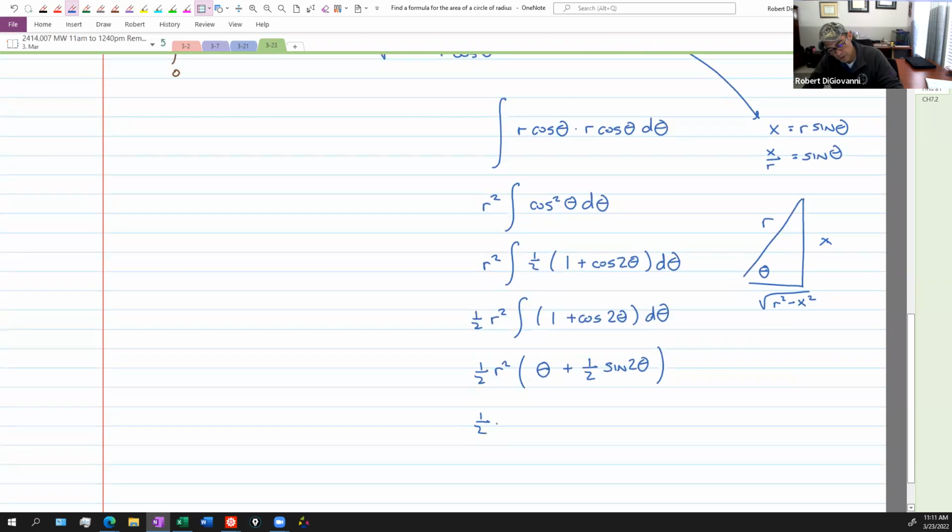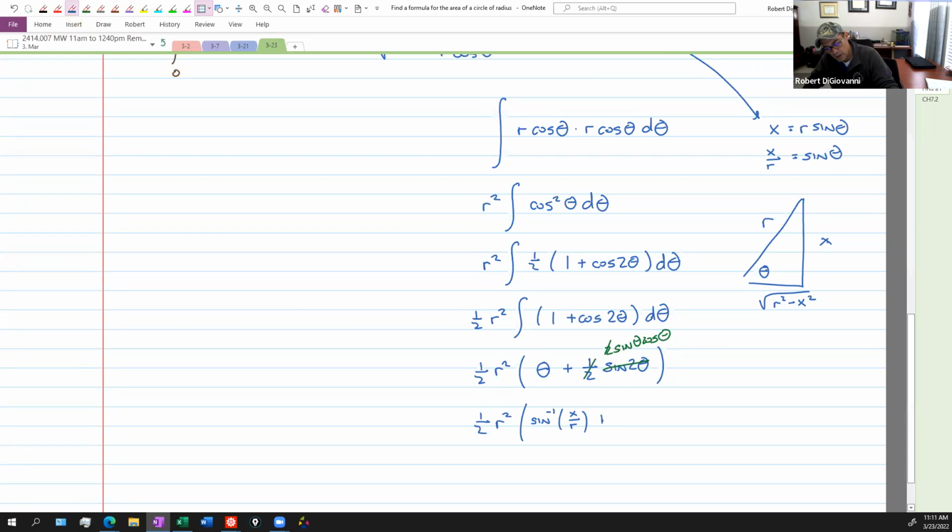I know I'm moving fast through this, but okay, for theta, I take the inverse sine on both sides here. So I get inverse sine of x over r. And then this one, remember, this is where we had to use that identity that sine 2 theta is 2 sine theta cosine theta. And the 2 and the half go away.